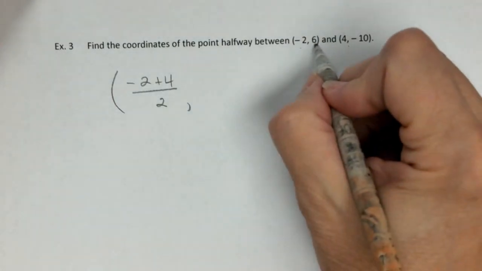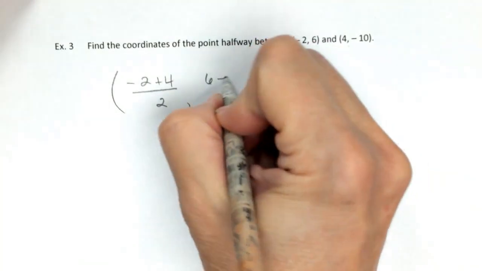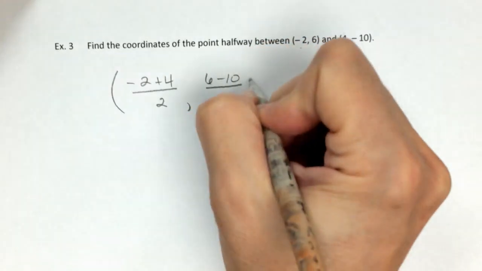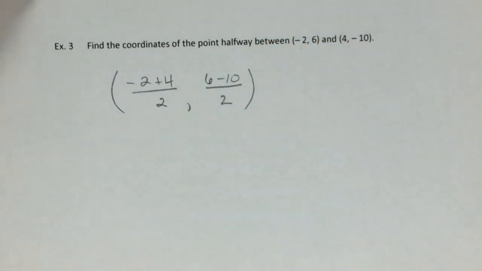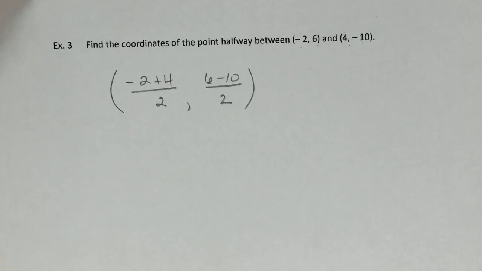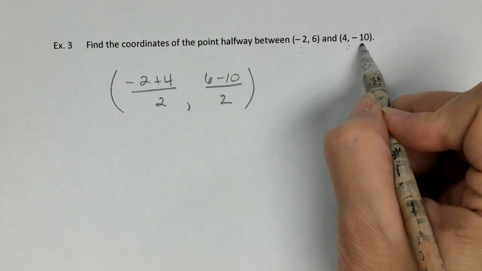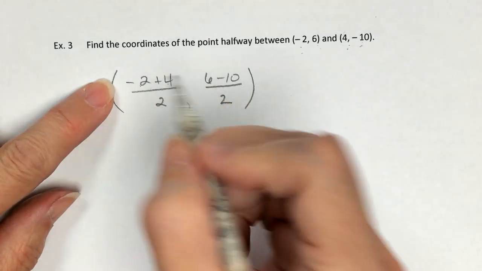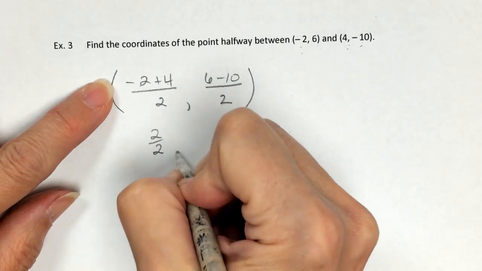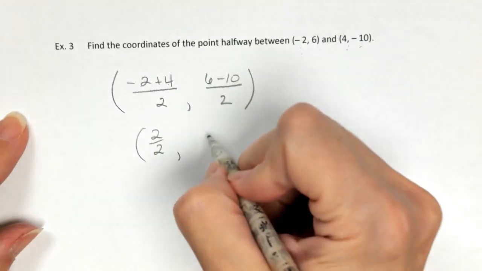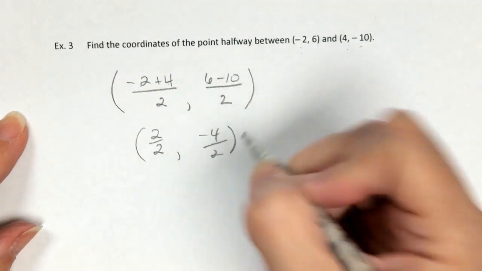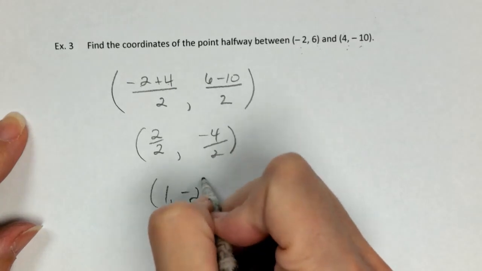Add the y's, so 6 plus negative 10, 6 minus 10, divide by 2. Simplify them, and that'll be it. Okay, add the x's, divide by 2. Add the y's, divide by 2. 4 minus 2 is 2. This is negative 4 on the top. So we have 1, negative 2.